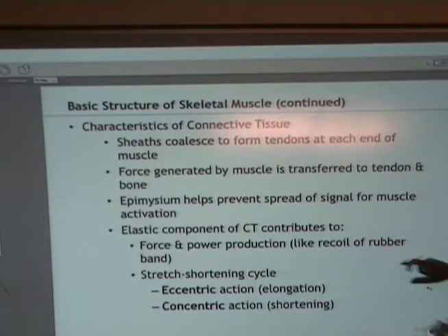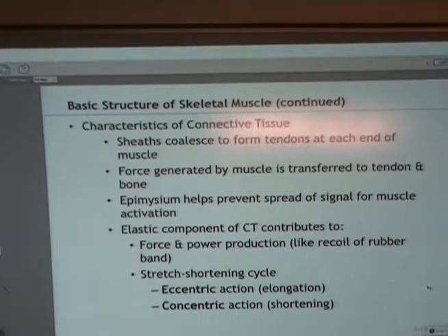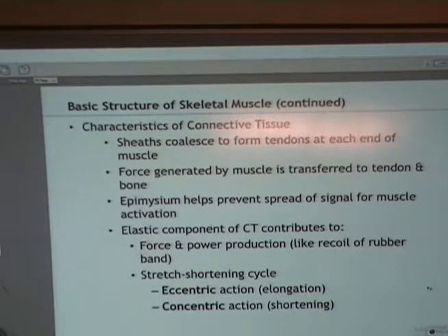That should say endomysium. The endomysium, the level that's wrapped around the cells, helps to prevent the electrical signal for contraction spreading from one cell to another one.